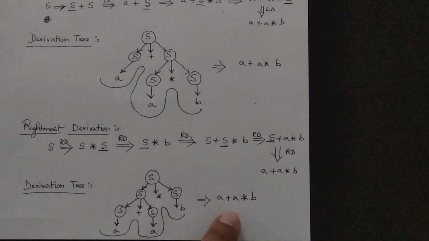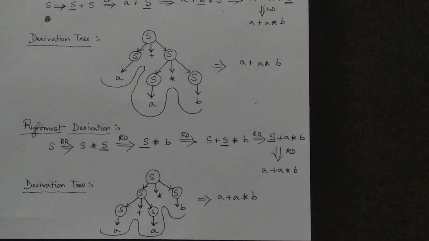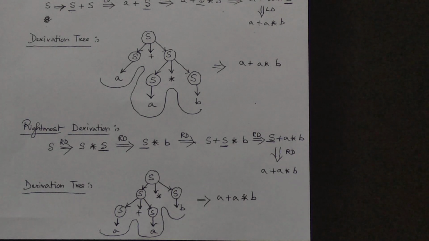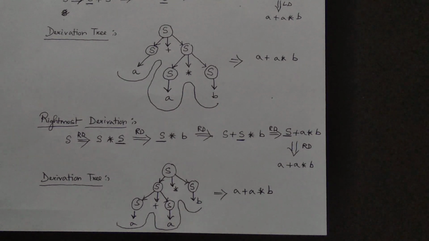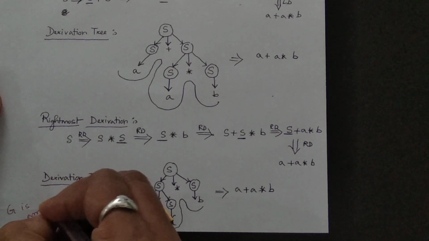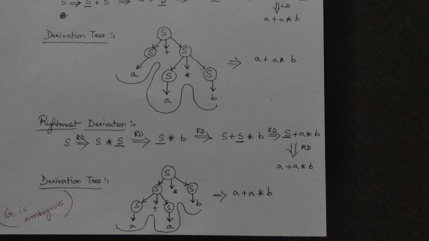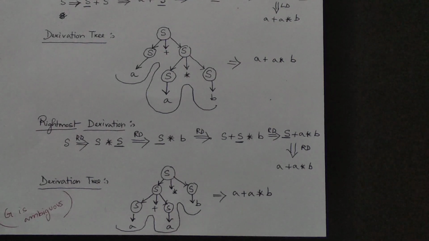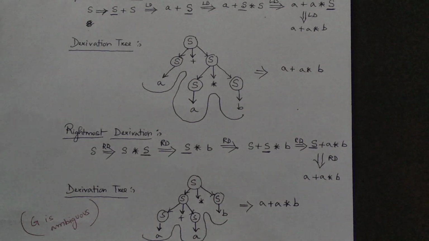Suppose you are deriving the same string and the structure is the same, then you are not supposed to say that the grammar is ambiguous. That will be called an unambiguous grammar. So understood? The final definition that I can say from this particular grammar is that G is ambiguous. Correct. G is ambiguous. So this is all about the ambiguous property definition.